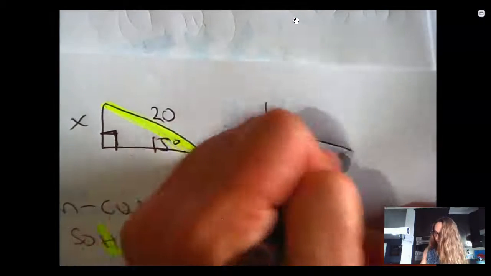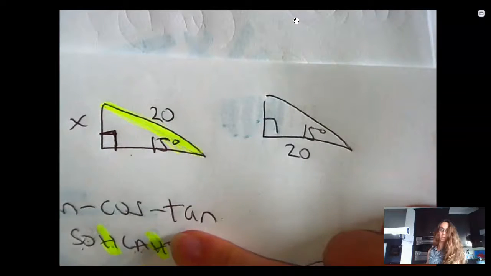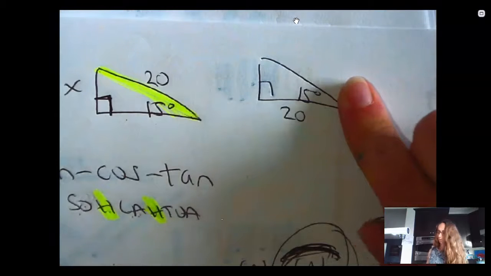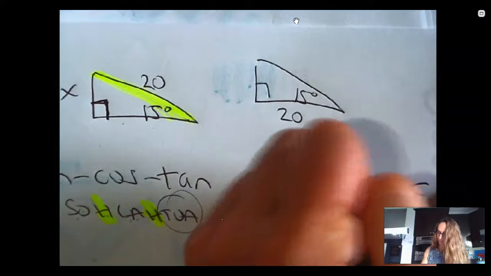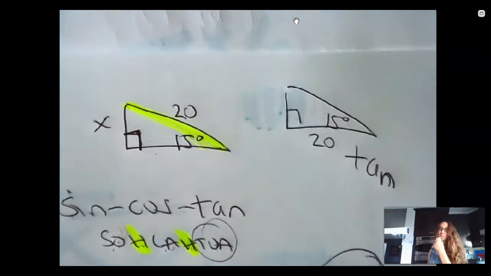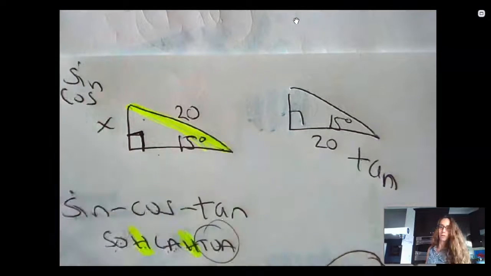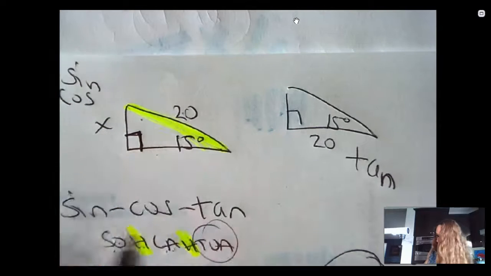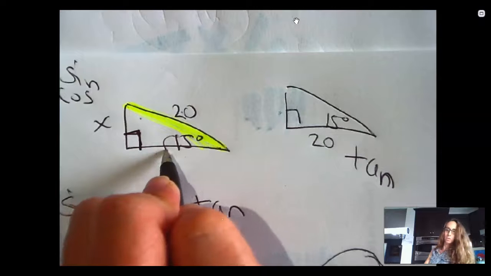If you had this, and the 20 was here, and the 15 degrees is here, this time, what do you not have? You don't have long side. Boom, it would be tan. So this one would automatically be tan because you don't have long side. This one does have long side, so it's either sine or cosine. So which one is it? Okay, well, this is long side. That covers the hypotenuse. Adjacent is literally right next to.